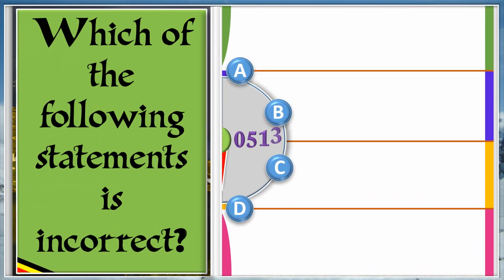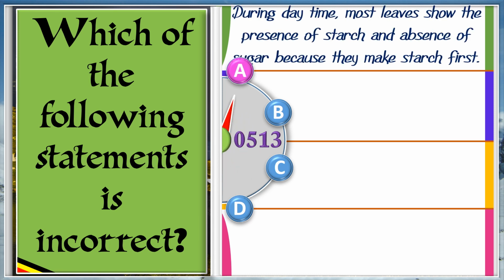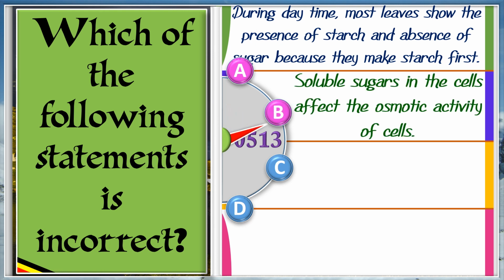Which of the following statements is incorrect? A. During daytime, most leaves show the presence of starch and absence of sugar because they make starch fast. B. Soluble sugars in the cells affect the osmotic activity of cells.